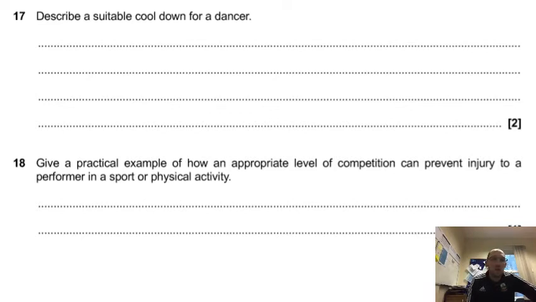Number 18, give a practical example of how an appropriate level of competition can prevent injury to a performer in a sport or physical activity. So the examiner's report. This question requires candidates to show an understanding of the way that sport may structure competition so that the risk of injury is minimised.